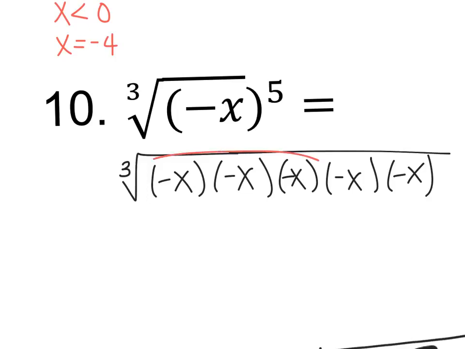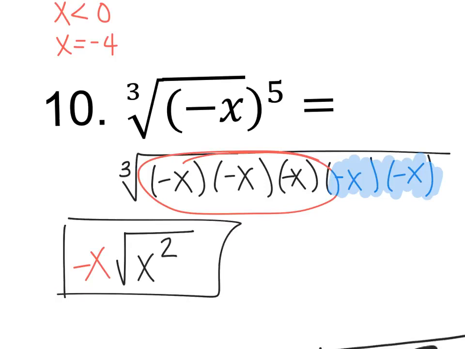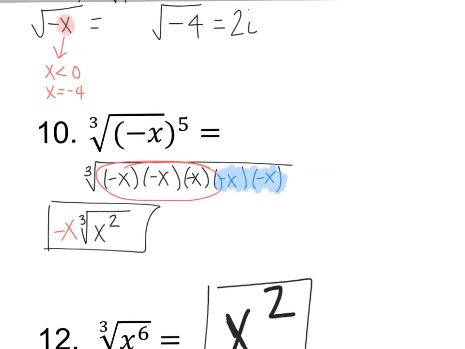So I have 3 x's here, so that means I have a negative x on the outside, and then I'm left with 2 negative x's on the inside, and if I multiply that back out, negative x times negative x is positive x squared. So my answer ends up being negative x times the cube root of x squared.